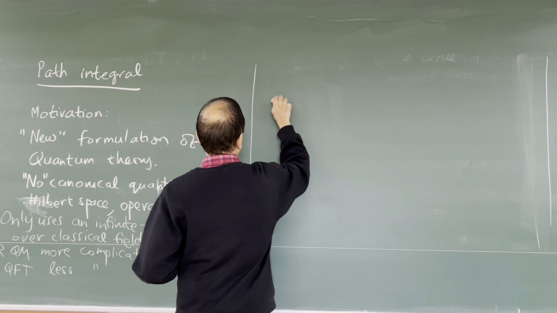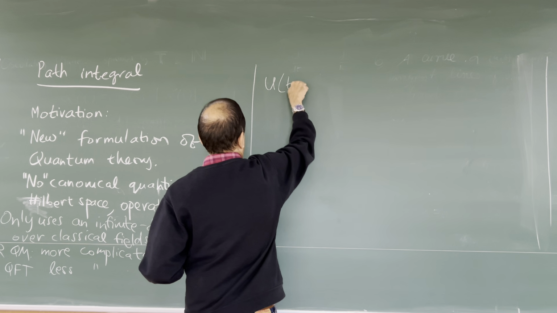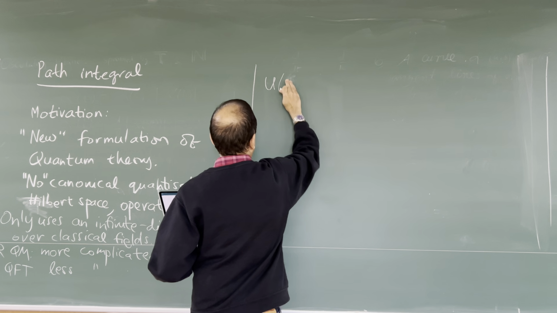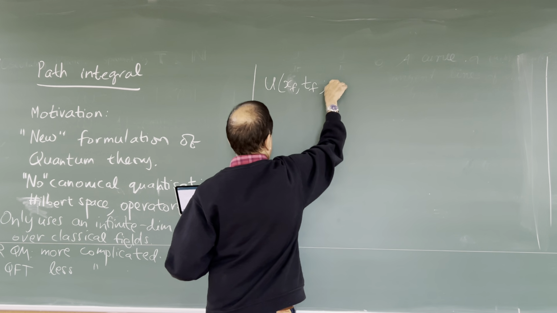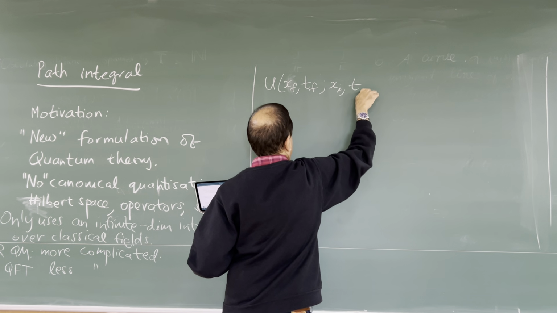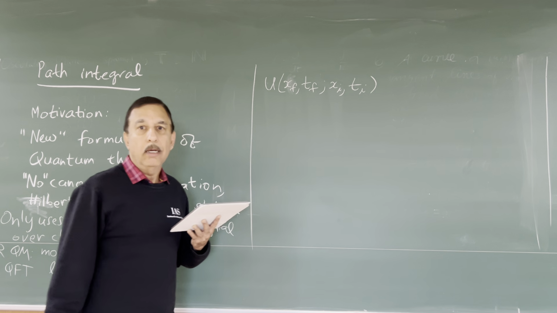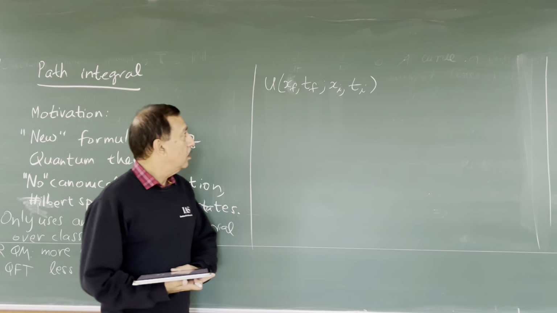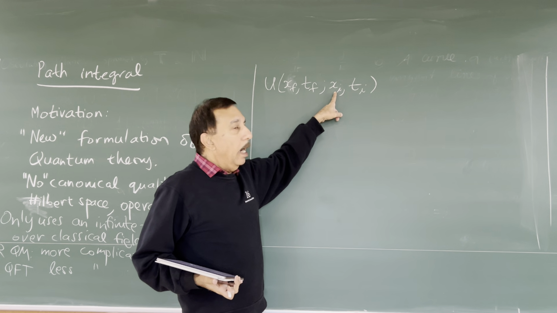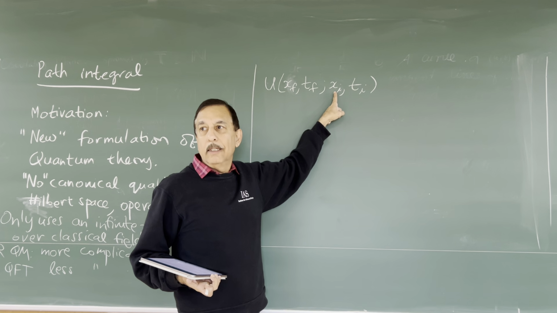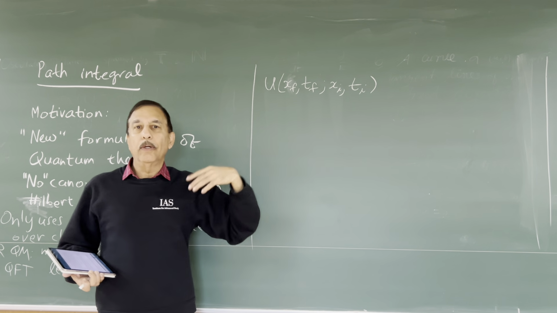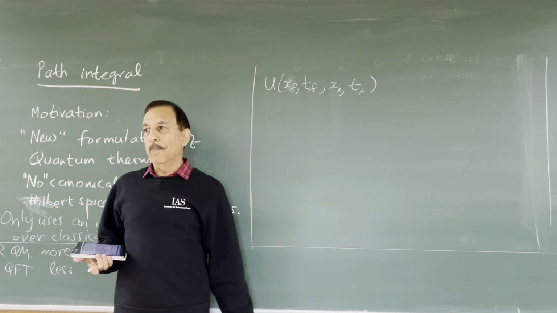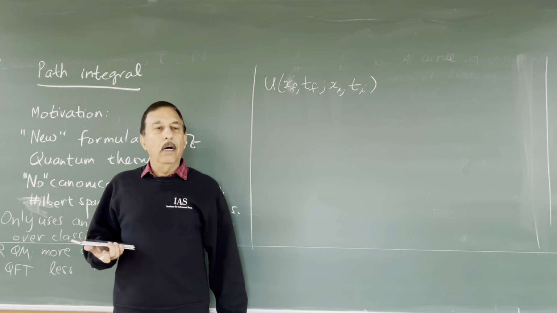So let's start with a quantity which I hope you have encountered in non-relativistic quantum mechanics. Not only is it non-relativistic, but it's for a particle moving in one dimension. And what we do is we start the particle in a position eigenstate with position xi at time ti, and we allow it to propagate freely or with some potential, that's up to us.